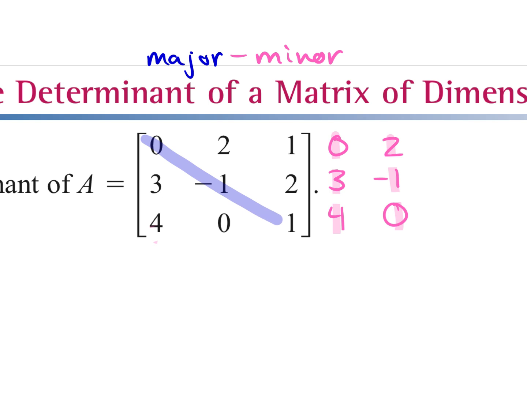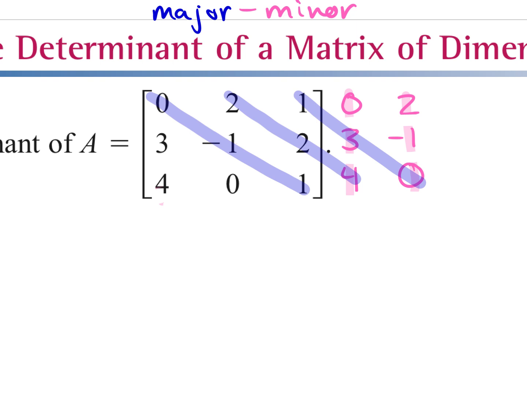So our majors have 3 numbers here, but again, we've got 3 majors. So we multiply the 3 numbers in each major together, and then add up all 3 majors. So major plus major plus major, minus minor plus minor plus minor.